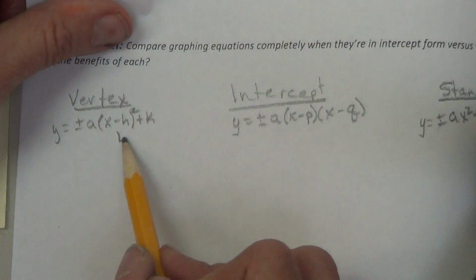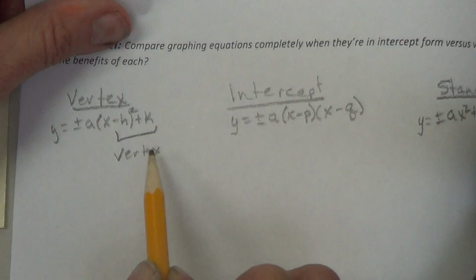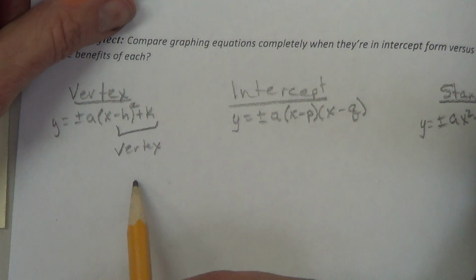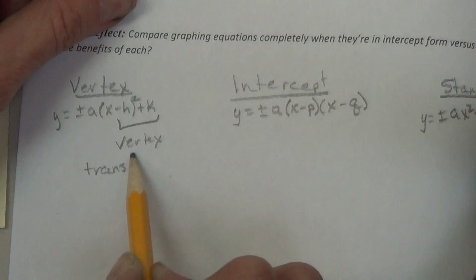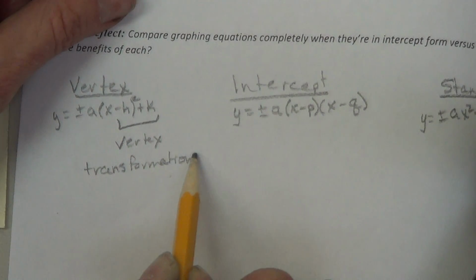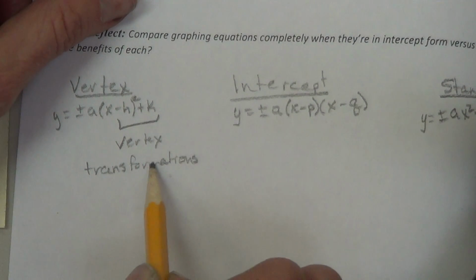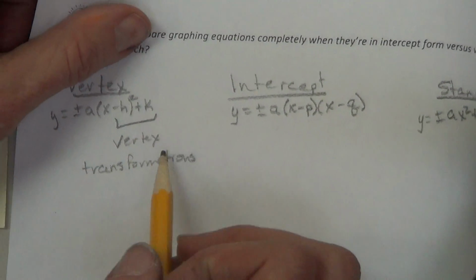So the advantage here is your vertex is highly visible, and you can quickly locate the rest of the graph off of transformations, which we've done a lot of. If you're looking for the vertex, like the height of something, then it's real easy to plug that one in.